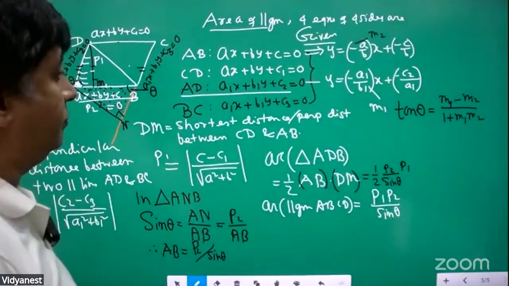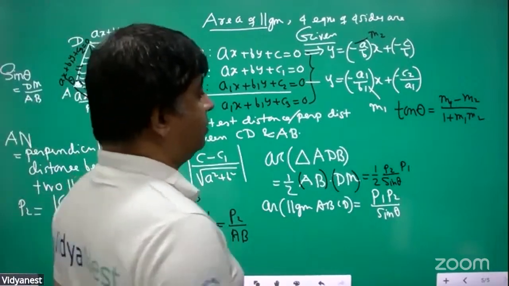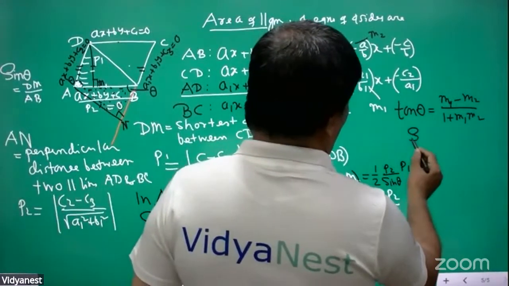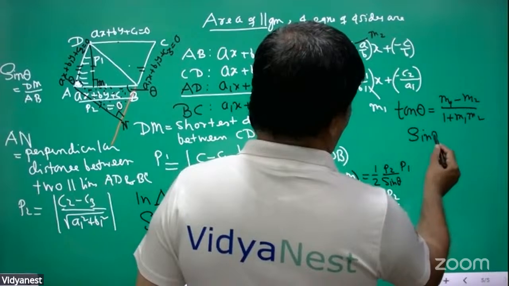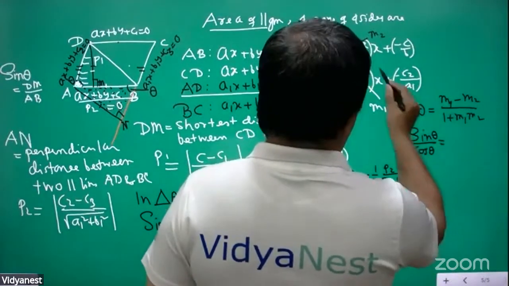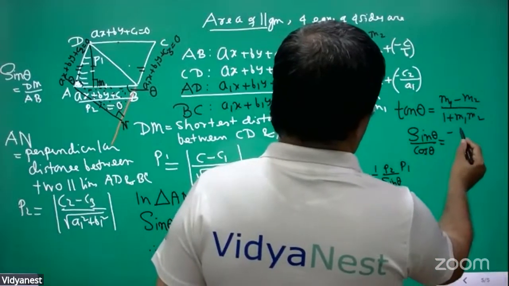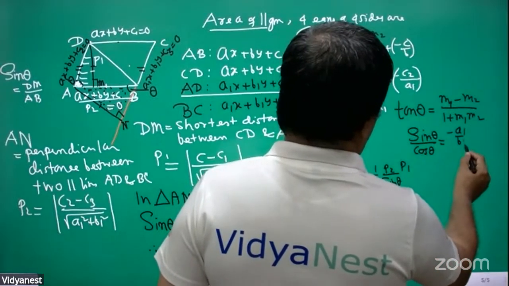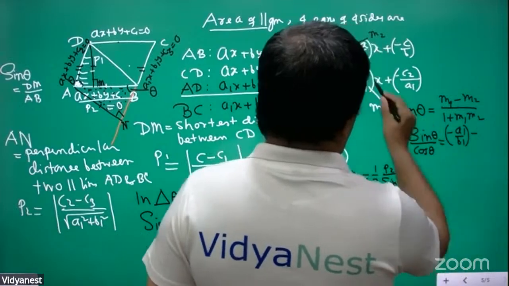Tan means sine by cos. M1 is what? Minus A1 by B1. M2 is what?